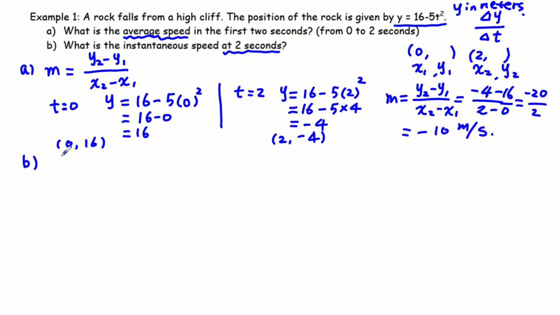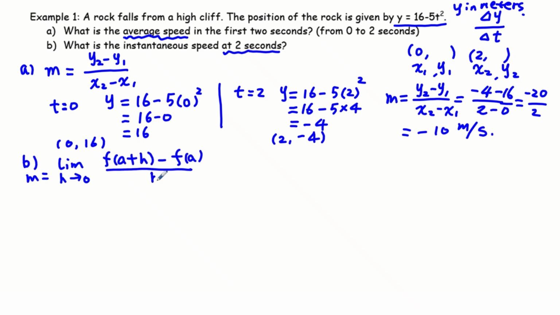For slope of tangent, we have the definition from the limiting value when h approaches 0, and this one should be function at a plus h minus f at a, all over h.